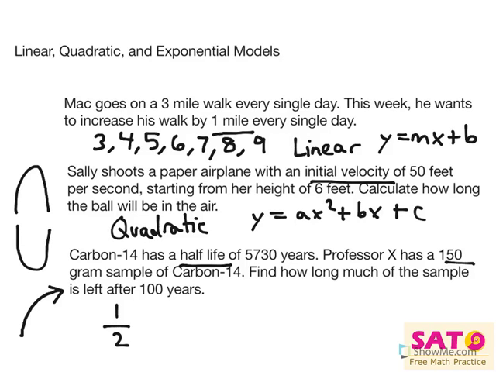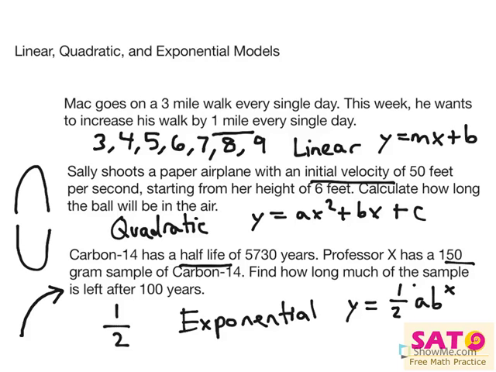It's really fast, and that's why this is exponential, because it will rapidly halve itself, and pretty soon it'll just disappear. And the basic form here is y equals, let's say, 1/2 a b to the x. Normally it's just the ab, so we can just say this is the basic right here.